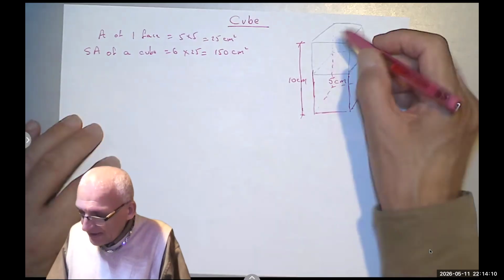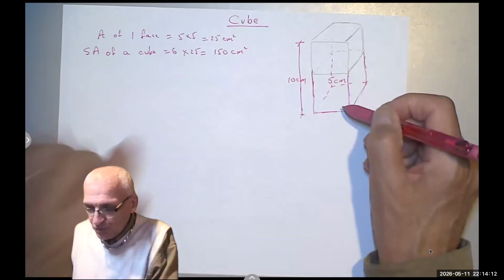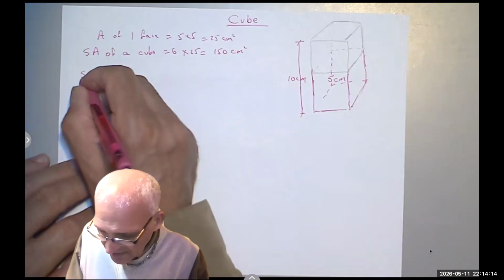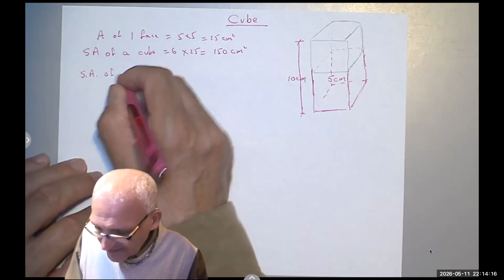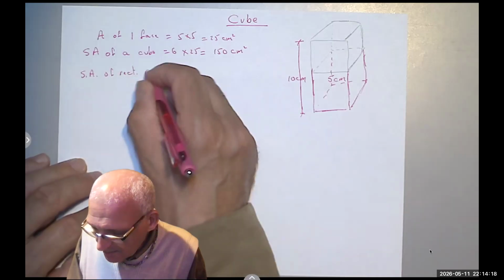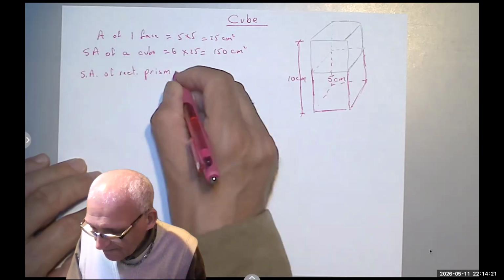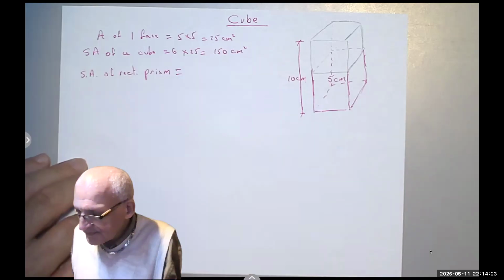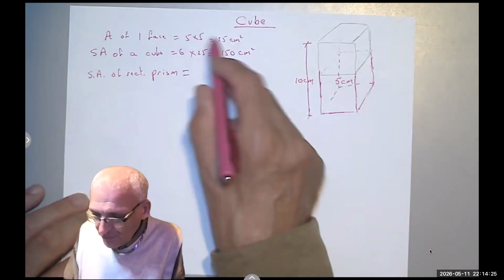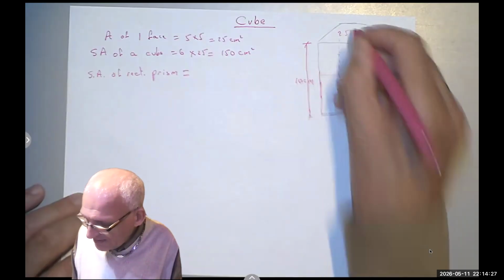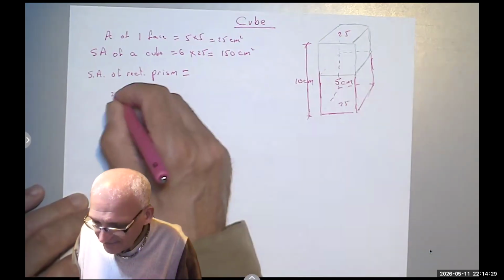Again, I have two identical faces, two squares, so the surface area of the rectangular prism equals 25 on the top, 25 at the bottom, so 25 times 2.